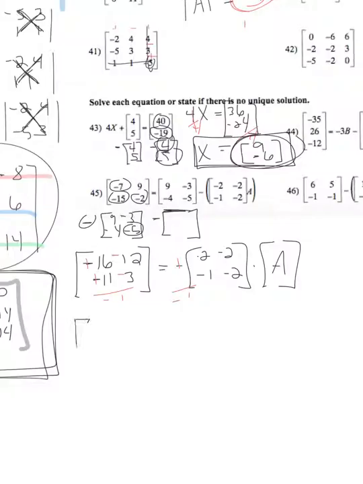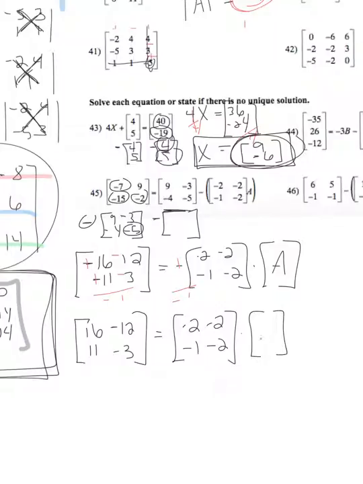So really what we have is 16, negative 12, 11, negative 3 equals negative 2, negative 2, negative 1, negative 2 times some matrix they're calling A. And that's what we're trying to find. We're trying to find that matrix right here that when you multiply all of this together, it equals this.